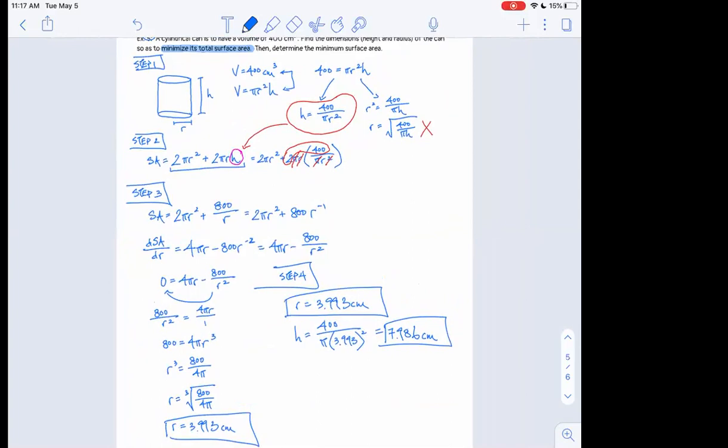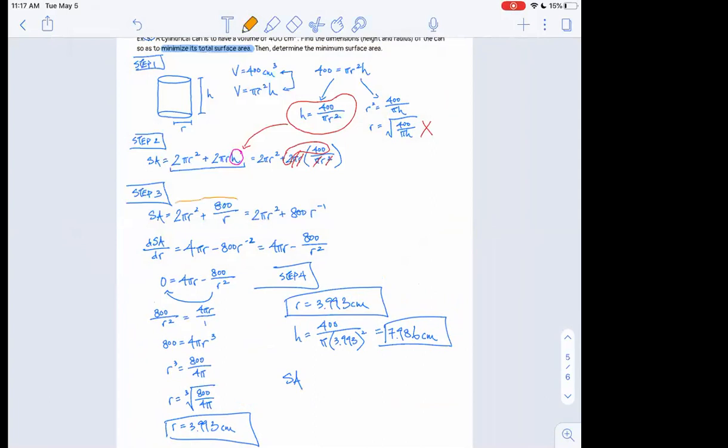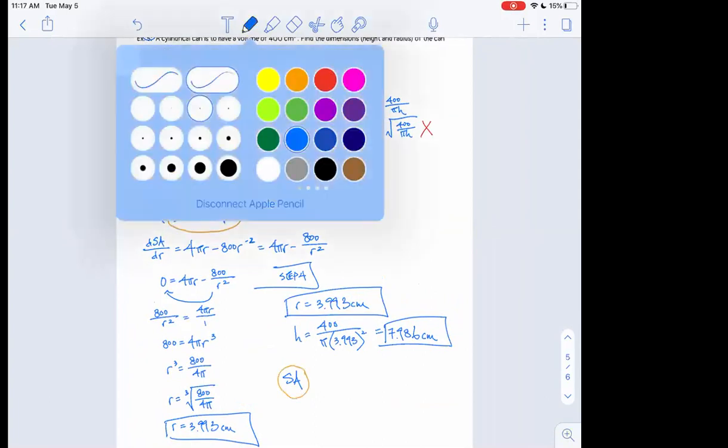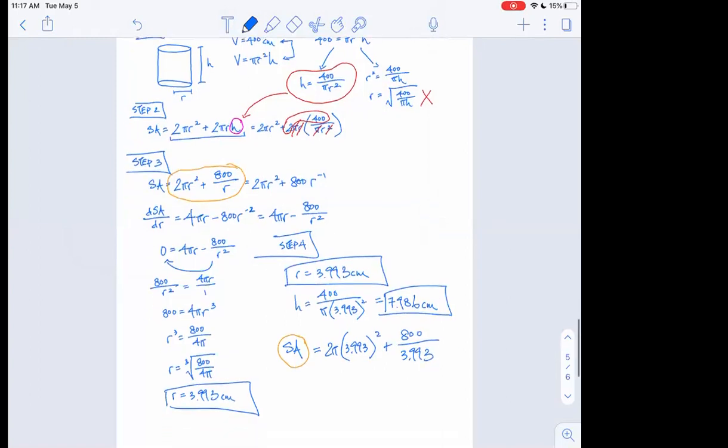All right, so radius and height are done, and now I need to find the surface area. So my surface area, I'm going to plug it in to this equation right here. And so that's going to be 2 pi times 3.993 squared plus 800 over 3.993.